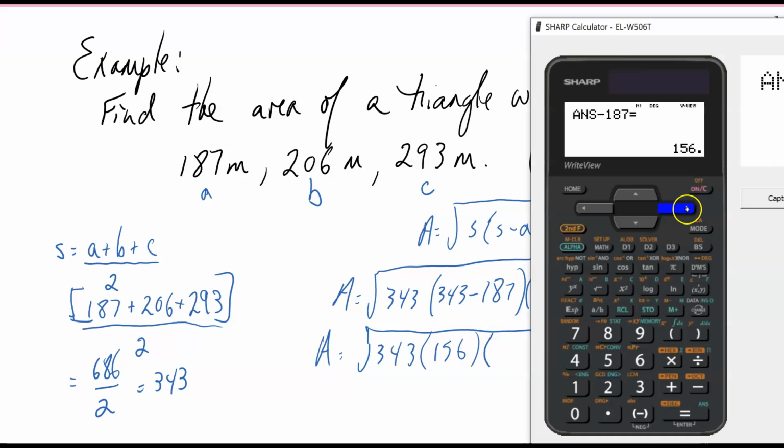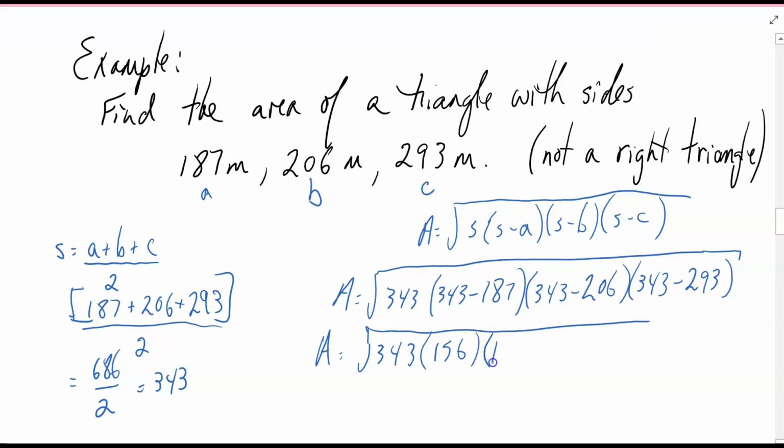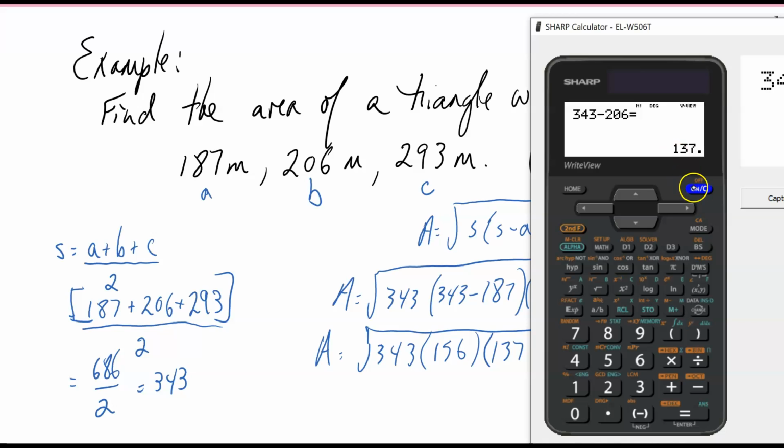And 343 minus 206 equals 137. And the last one is 343 minus 293, which is 50.